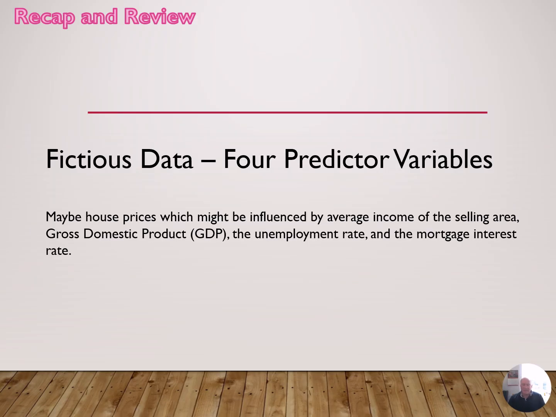So as an example, let's use some fictitious data that I made up, and we have 4 predictor variables. Maybe we can consider this to be house prices, which might be influenced by average income of the selling area, gross domestic product, the unemployment rate, and the mortgage interest rate.